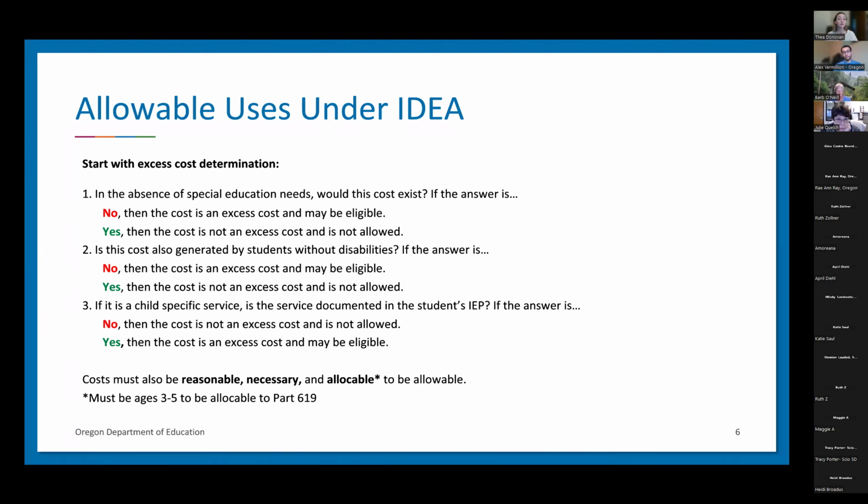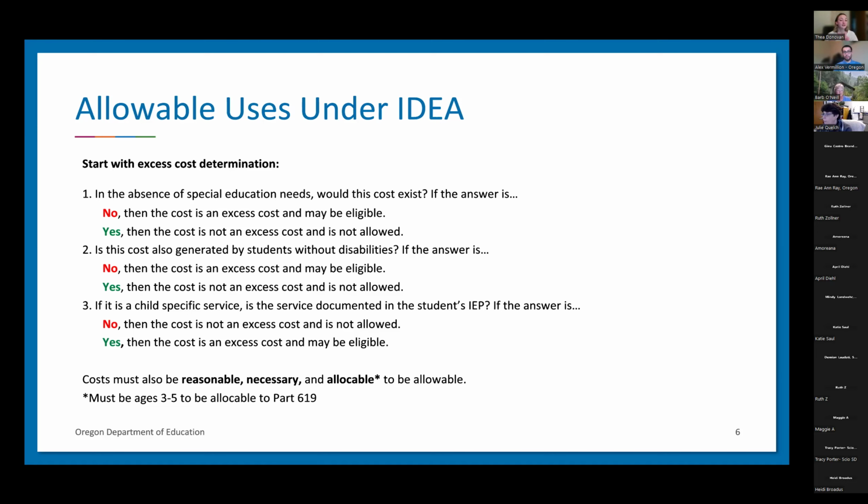If the answer is no, and a student needs a stander, you should maybe have a conversation with your student's IEP team, because the stander should probably be on their IEP to make sure that it is allowed. Another aspect to determining if something is an excess cost or allowable is if it's documented on the student's IEP.